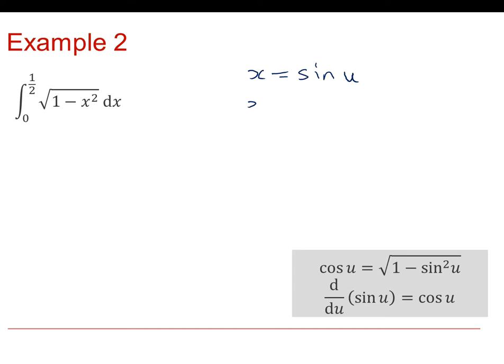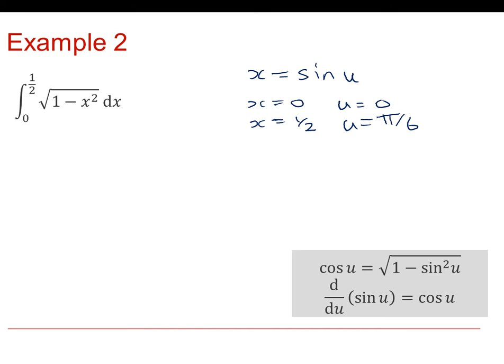So when x equals 0, then sine u is 0, giving us u equals 0. When x equals a half, sine to the minus 1 of a half would give us u equals pi by 6. Note that I'm using radians here.